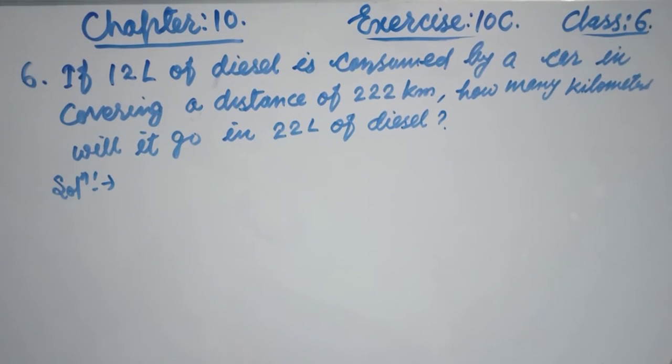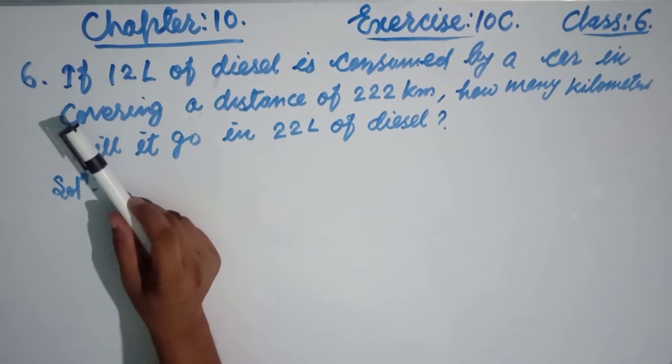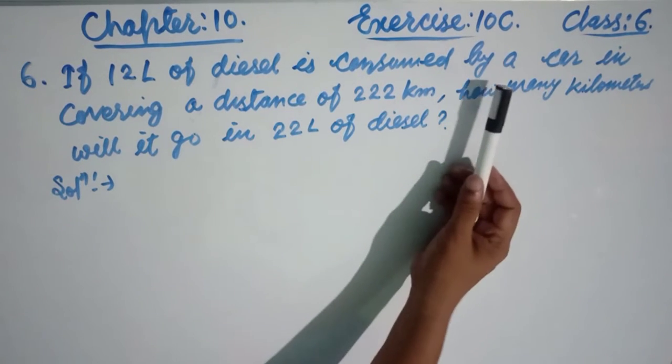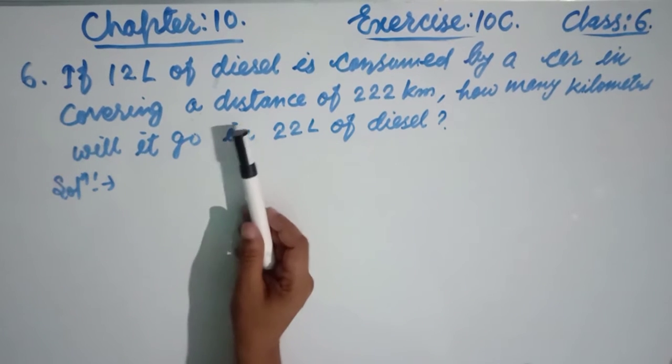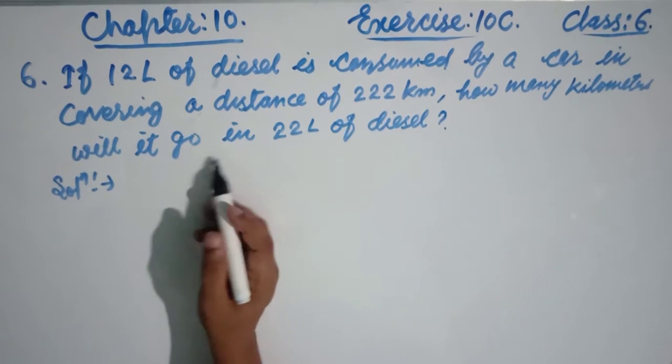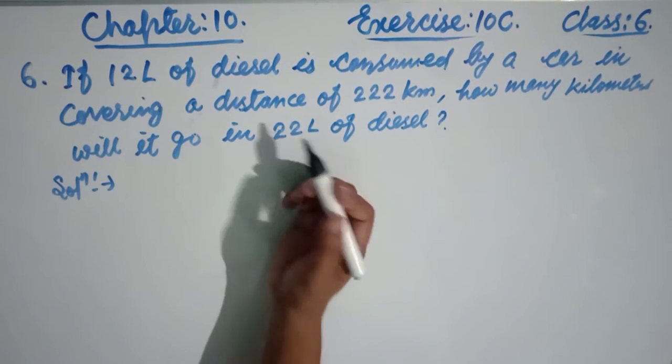Now, friends, next is question number 6, because questions number 2, 3, 4, 5, also 6 and 7, are all similar. Now see, question number 6: if 12 liters of diesel is consumed by a car in covering a distance of 222 kilometers, how many kilometers will it go in 22 liters of diesel?